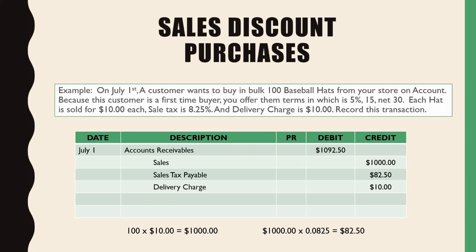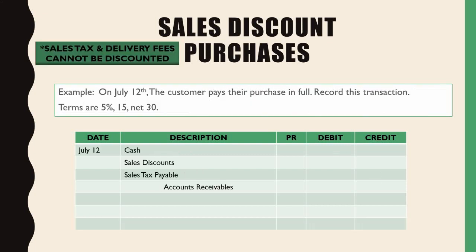So what can you discount? You can only discount the actual sales price. So in this case, I can only take the discount off of the $1,000 that I charged. So 1,000 times 5% gives you $50. And because I'm reducing the price by $50, I also need to give back a portion of the sales tax money.